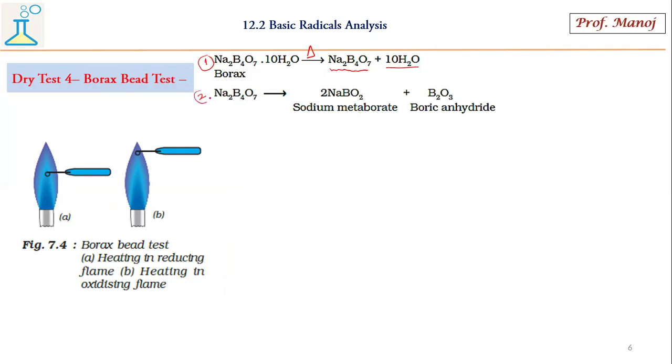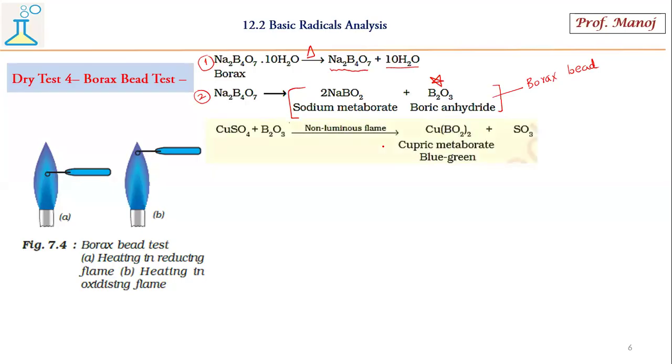Step number 2, when you continue heating further, it gives you a combination of two chemicals, which is known by the name borax bead. Important portion is B2O3, the only part which actually reacts with the metal. So a metal is taken, for example, copper.